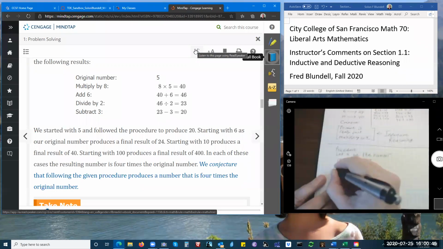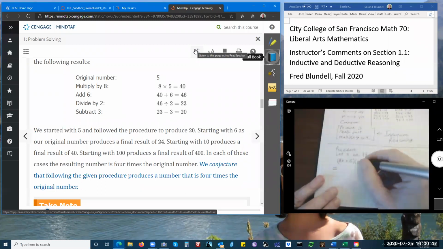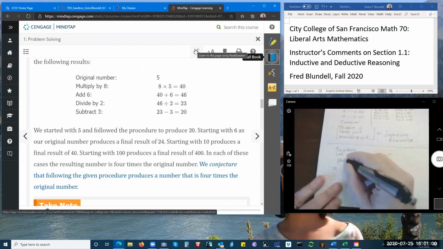Well, if I believe the distributive property of multiplication has already been established, then I can say, all right, I can multiply the half times both of the things in the parentheses.